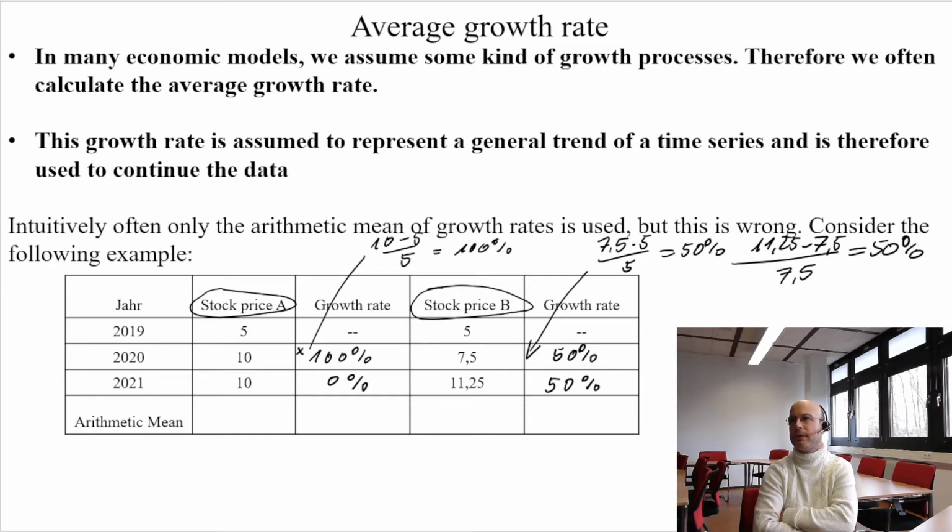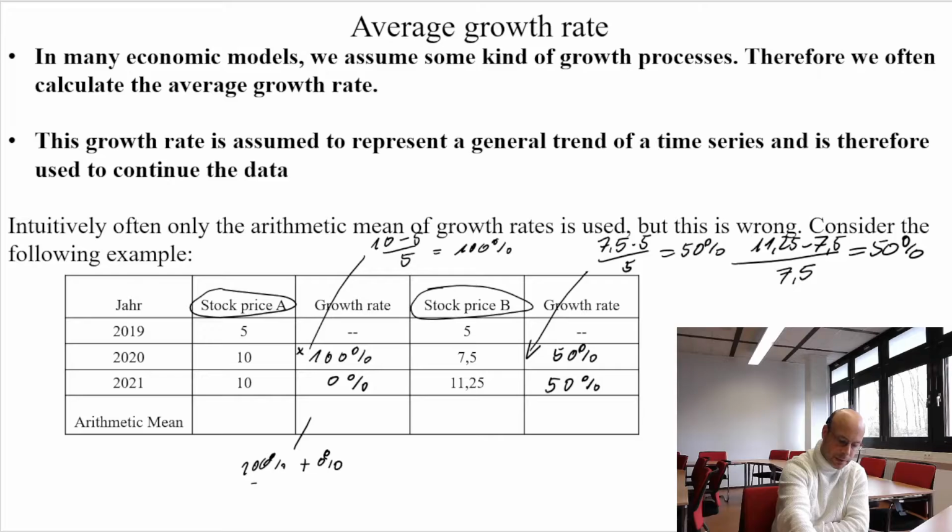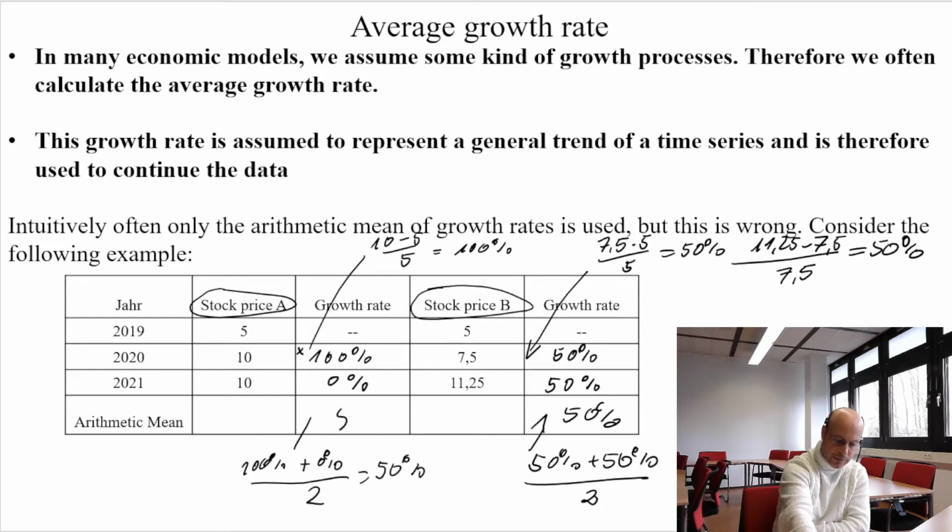Taking the average arithmetic mean in this case would be 100% plus 0% over 2, which is 50%. And averaging here, 50% plus 50% over 2, would also be 50%.